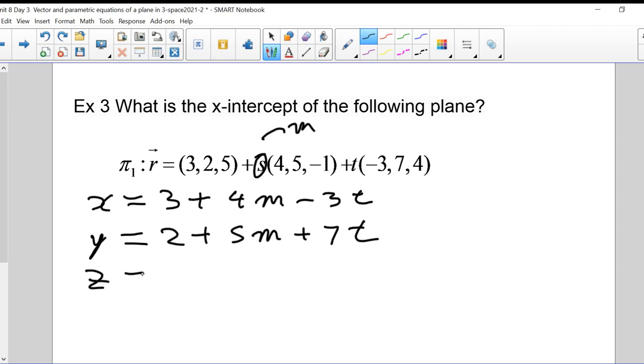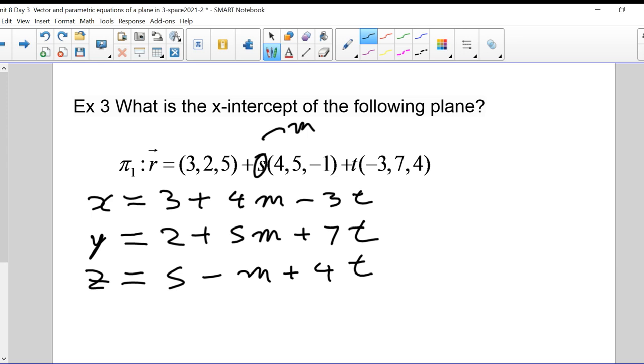And my Z is equal to 5 plus, or in this case minus, M plus 4T. All right? Yes, it should be Y. Thank you all very much.